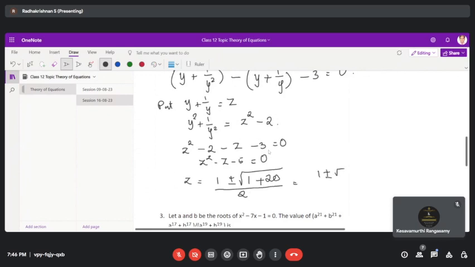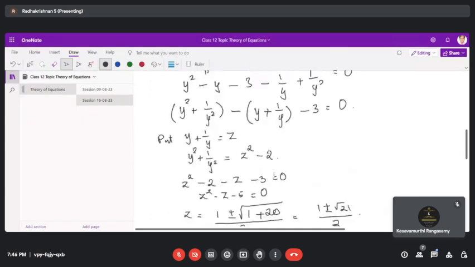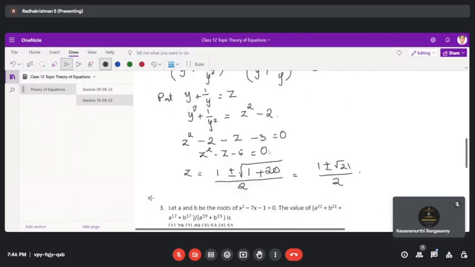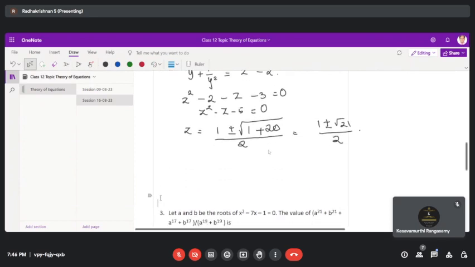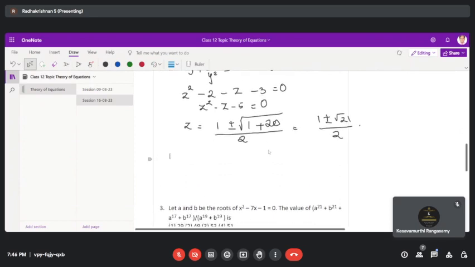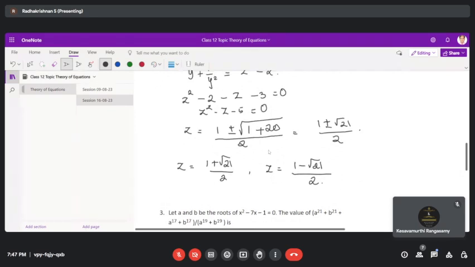It becomes 1 plus or minus root of 21 divided by 2. Okay. So what is the next step? Which is the valid solution here?